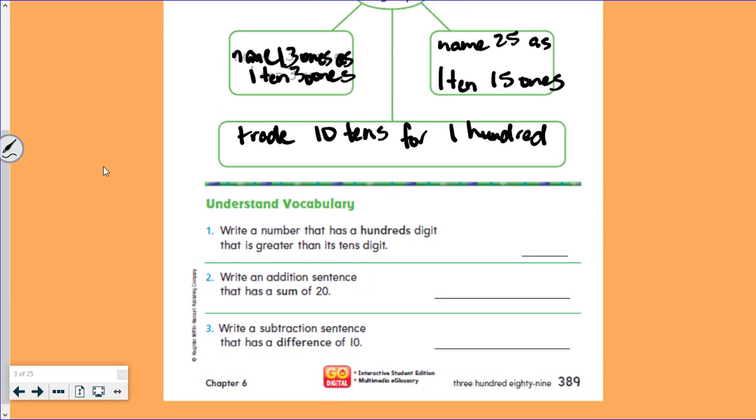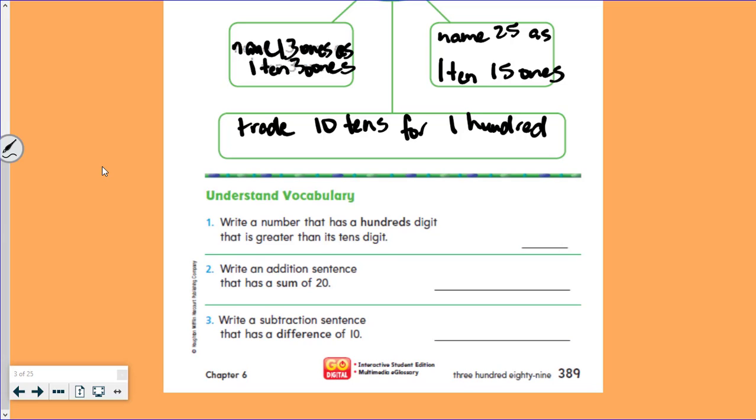Regrouping isn't always just ones to tens or tens to ones. It could also be hundreds to tens or tens to hundreds. So it says here in the understand vocabulary, we're going to have different answers, but it says write a number that has a hundreds digit that is greater than the tens digit. Okay, so that means I'm going to have a 3-digit number, hundreds, tens, ones.